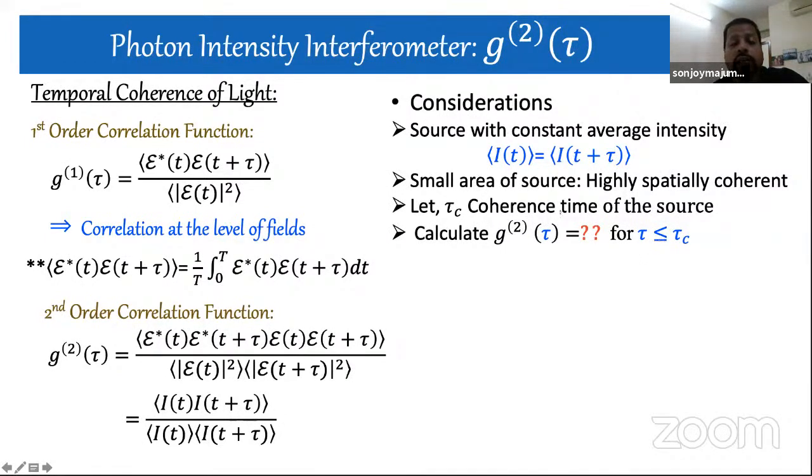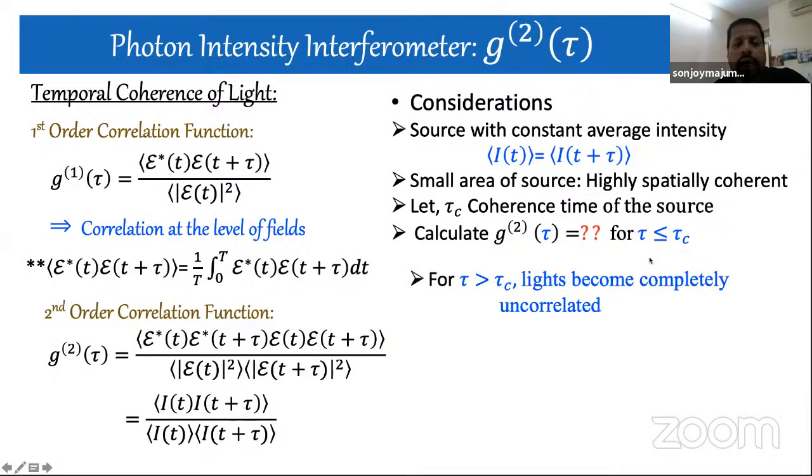Let's say your coherence time is tau c, or you can say correlation time also. Then you want to find how the second order correlation function behaves over tau. That is what we are going to obtain.